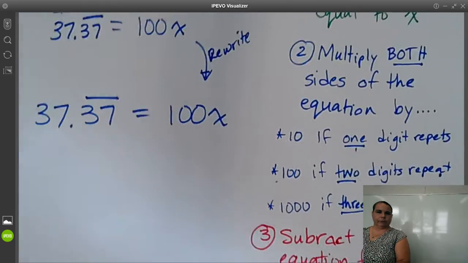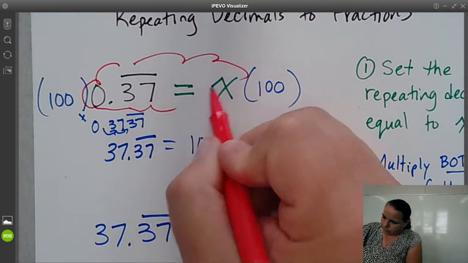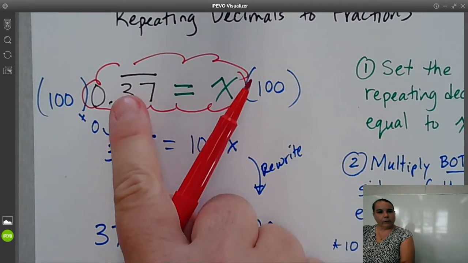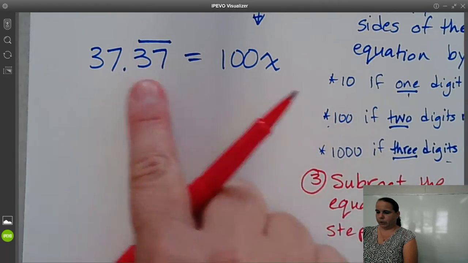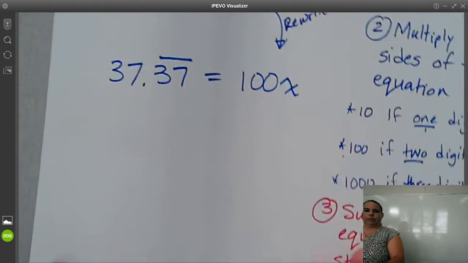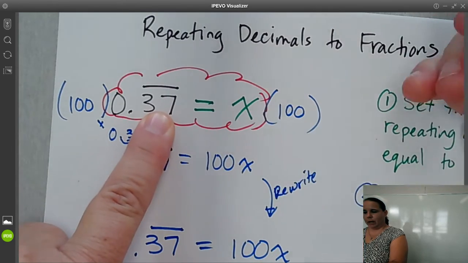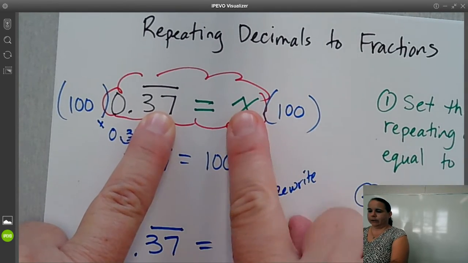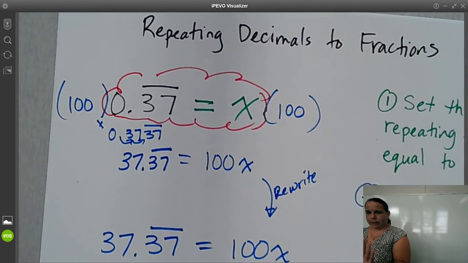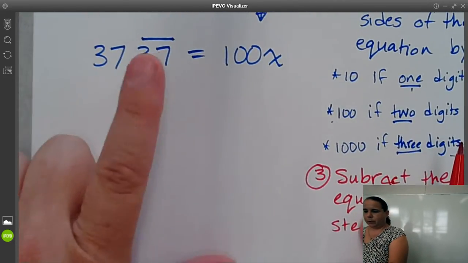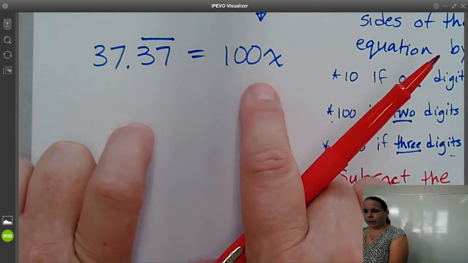This equation up here was just the equation where 0.37 equals x. We're going to subtract that from this equation here. These two things are equal because we set it equal to that. And as long as you do the same thing to both sides of an equation, it stays equal. So if we subtract the same amount from both sides of this equation, the equation is still equal.